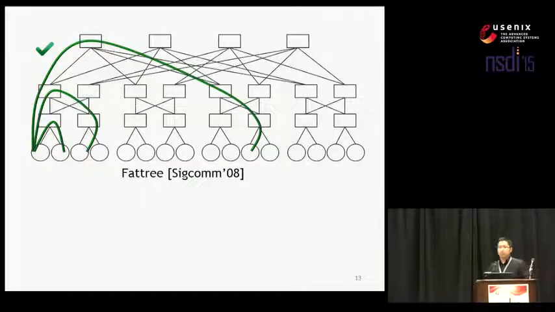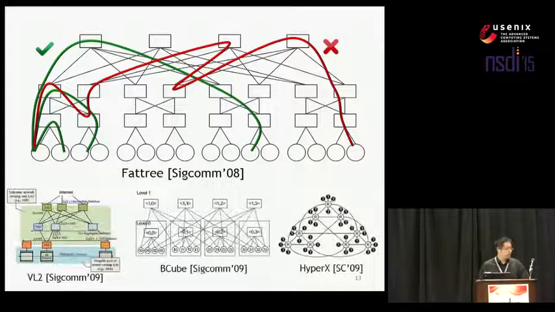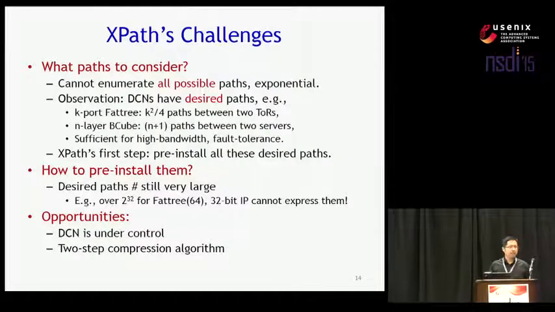It's undesirable to have a path that has many detours, right? These are the desired and undesired paths in a fat tree topology. This also applies to other data center topologies like VL2, BCube, HyperX, and so on. So back to the challenge: in the first step of XPath, we do not intend to pre-install all the possible paths. Instead, we pre-install all these desired paths.